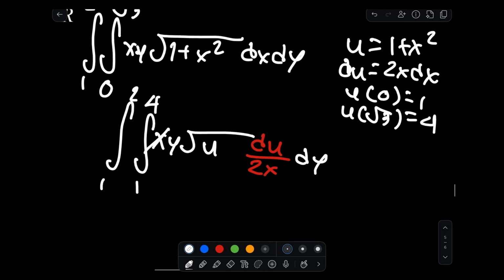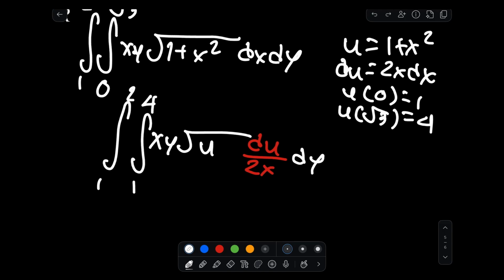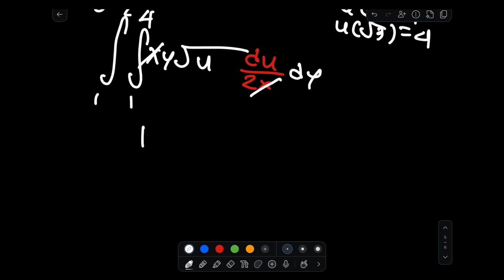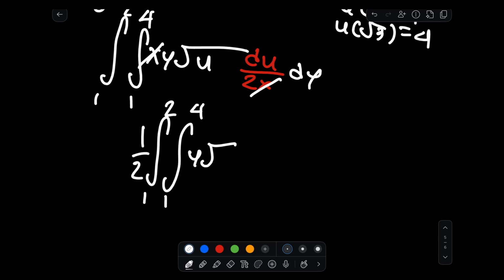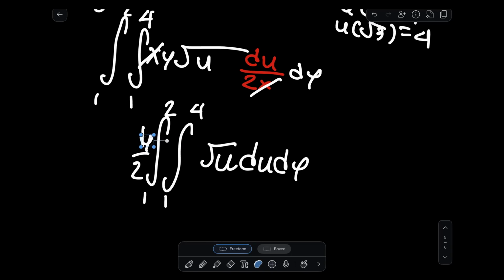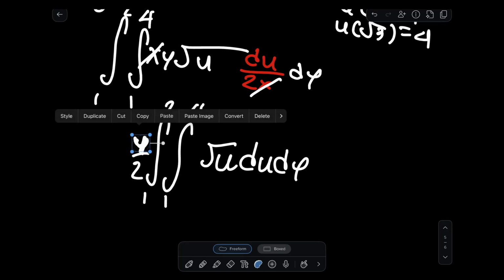And then we're going to see this cancels and this cancels. Well, just the x actually cancels, but it's all good. And then we're going to bring out the 1/2 to the front. And then you're going to get y root u du dy. And in this case, we're just going to keep the y as a constant, actually. So we'll just bring it out to the front, like with this. And then this will just become y over 2 like this.